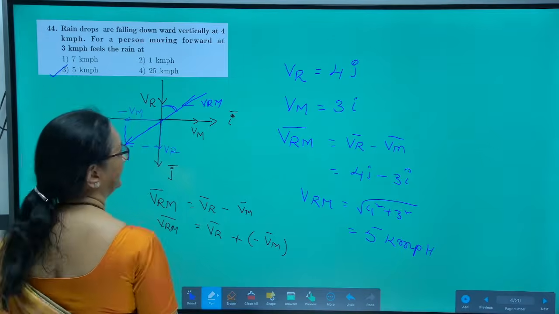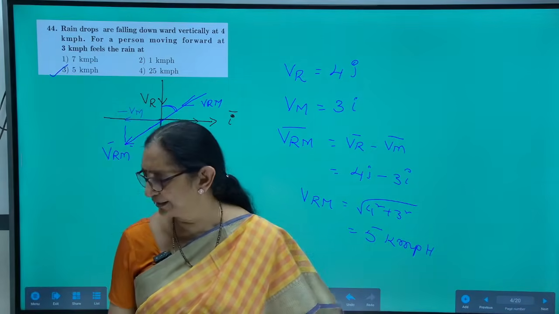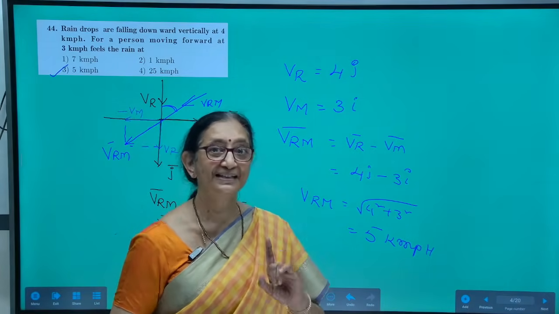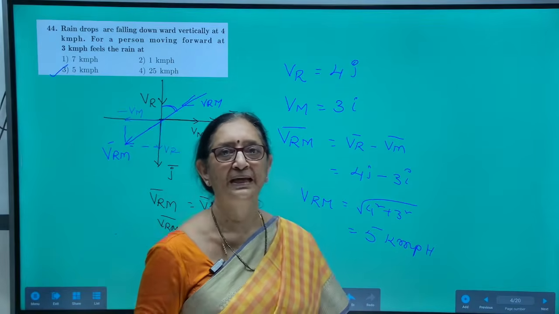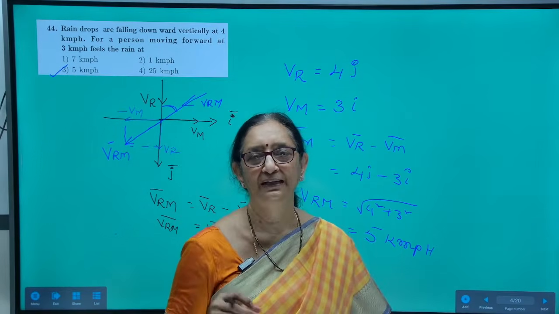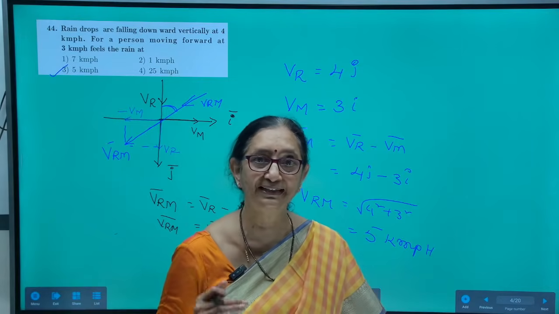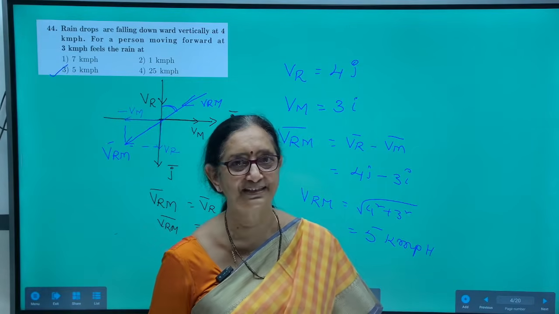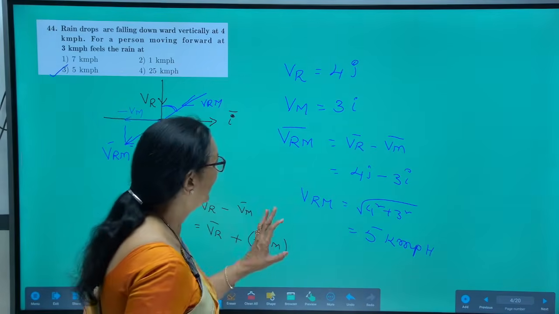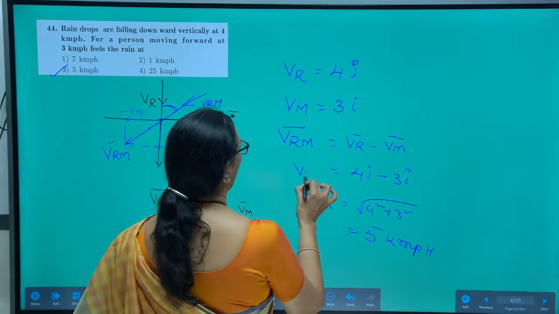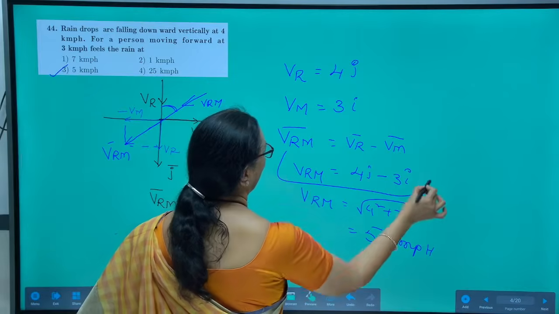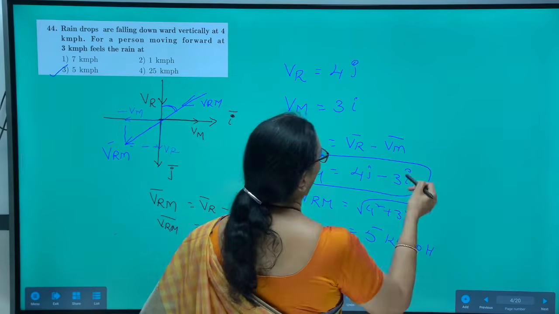So, we could find the magnitude effortlessly. Suppose in the same problem you are asked to find the direction of rain velocity with respect to the man, how do we find it? Look here, VRM is equal to 4j minus 3i.